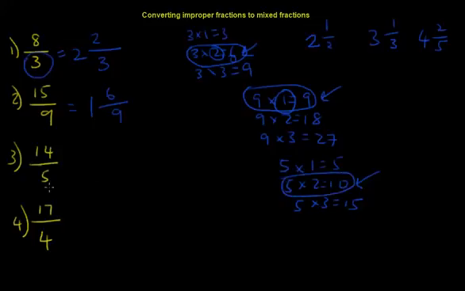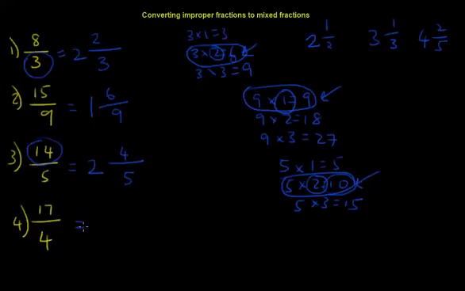The whole number that goes here is once again 2. The numerator is simply the remainder of this number subtracted by our answer here, so 14 take away 10 is 4. And finally our denominator stays the same. So 14 over 5 is equivalent to 2 4/5.